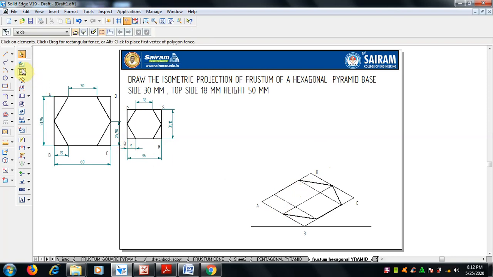So here end point of this to end point of this and end point of this. Okay, this is the hexagon.